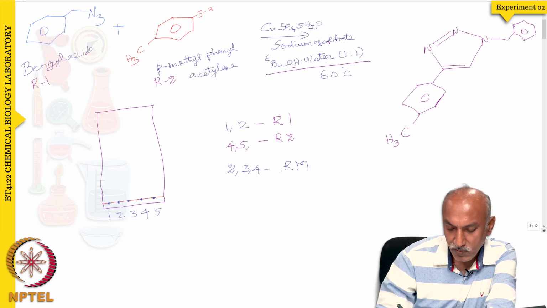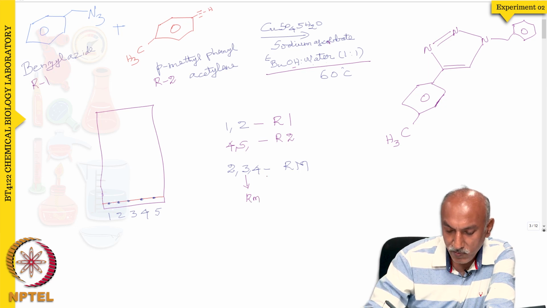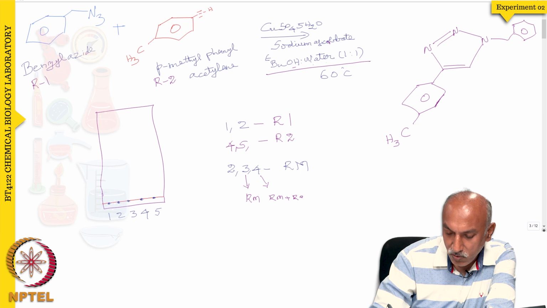That means in spot 3 you will keep only the reaction mixture, in spot 4 you will put reaction mixture and reactant 2, and in spot 5 you will put only reactant 2.